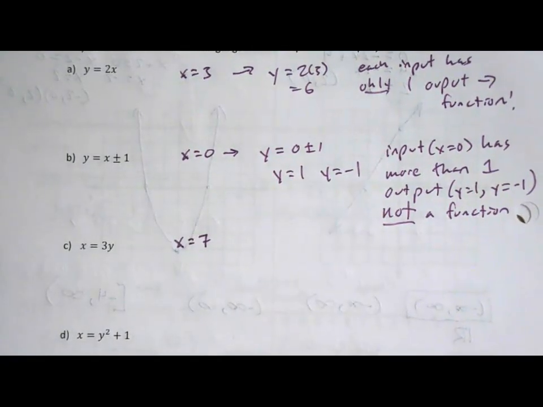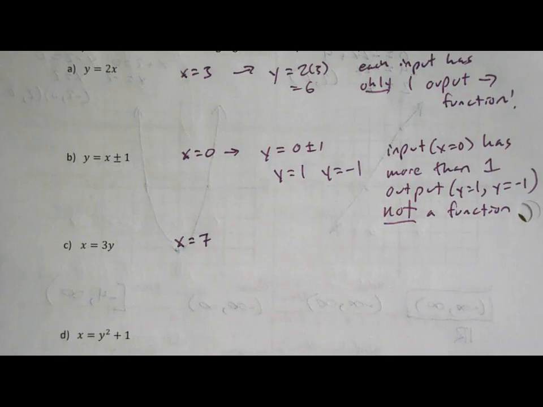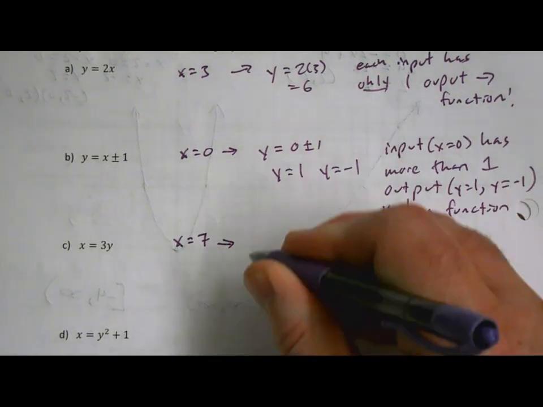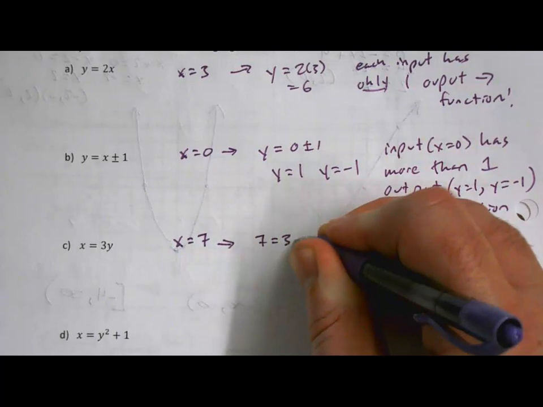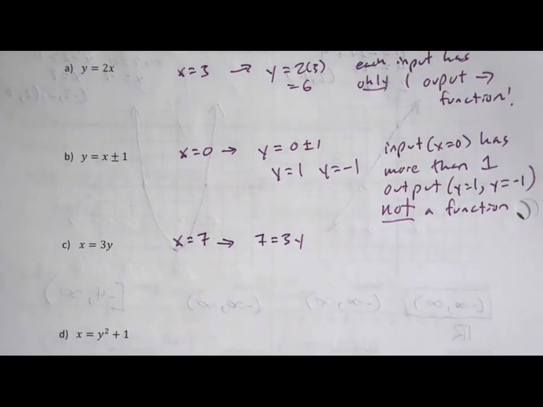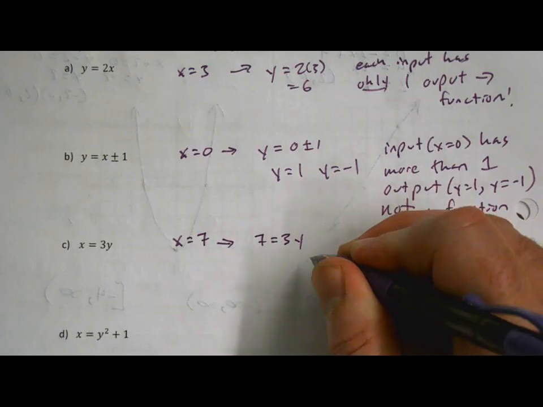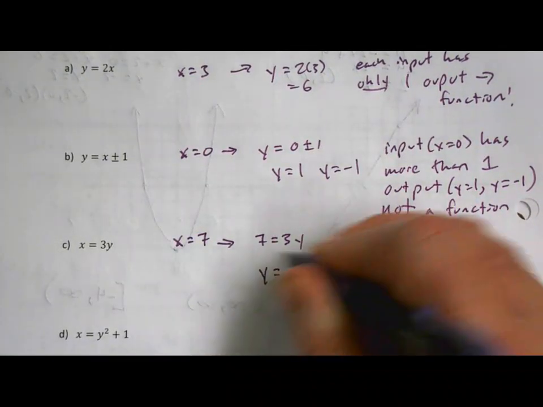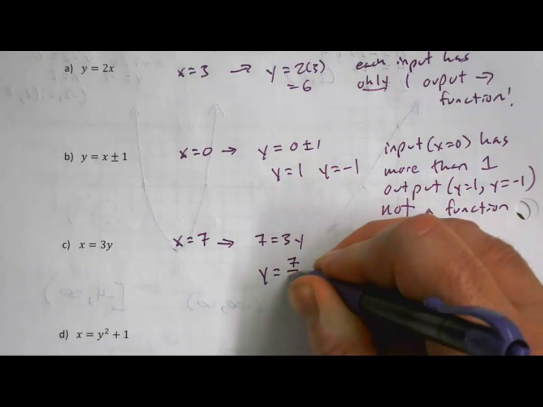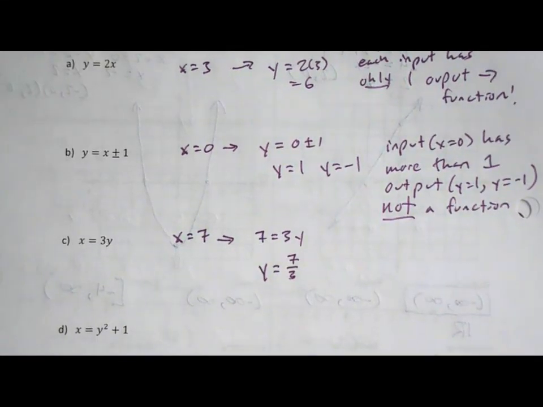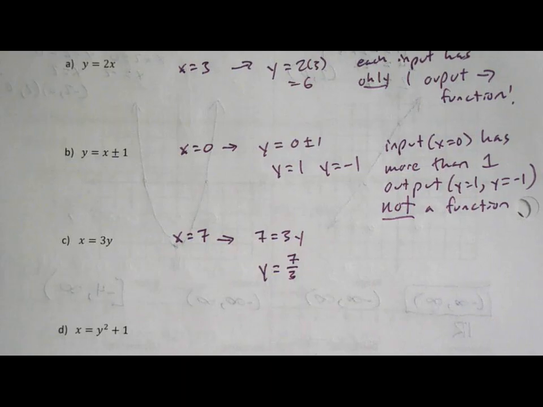So if x equals 7, let's figure out what y would equal. So I'd have 7 equals 3y. We do a little bit of algebra on that. And that gives us y equals, if I divide both sides by 3, 7/3. So we put an input of 7 in, and y ended up solving for 7/3.